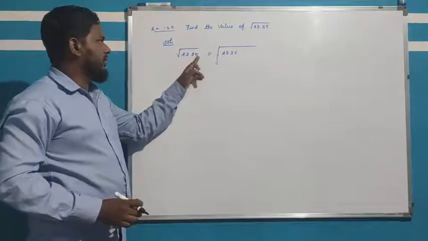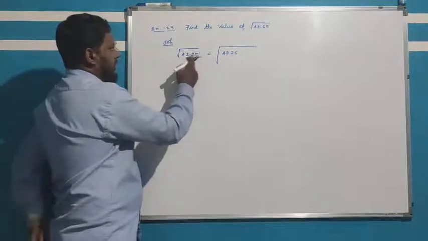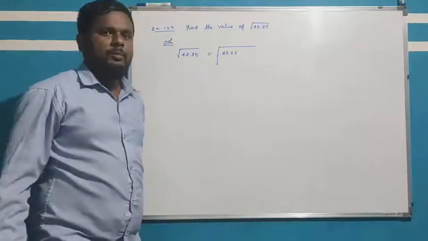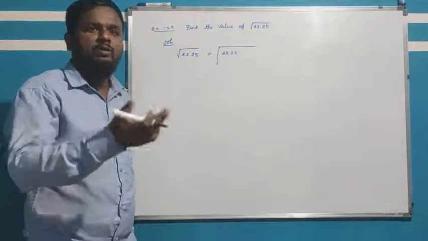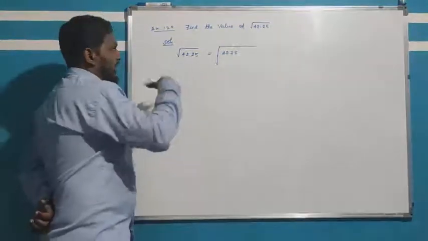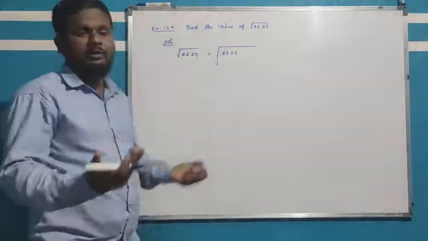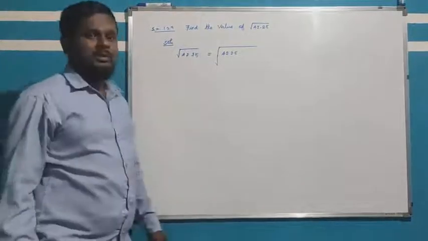So we have to cancel this decimal. If the decimal is cancelled, we can use the prime factor method. Then how do we cancel the decimal?